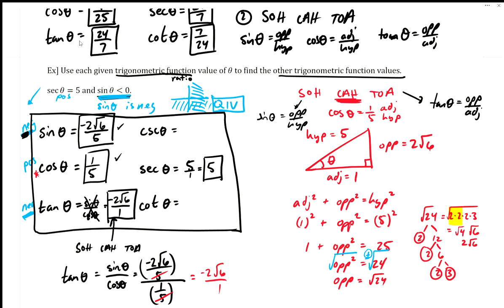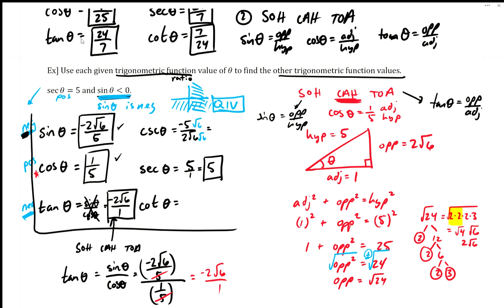Anyway, now that we've got our answers for sine of theta and tangent of theta, we do have cosecant of theta. Cosecant of theta is to flip our sine of theta answer, and I'm just keeping the negative in the numerator, and then we would need to rationalize it. So let's multiply both the top and bottom by square root of 6. I guess I shouldn't have drawn that big box there.